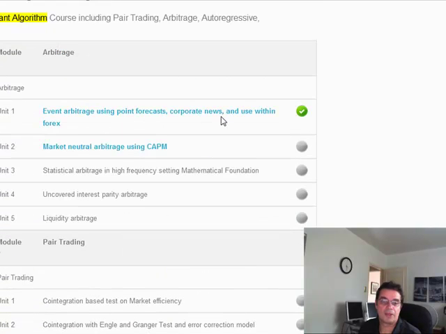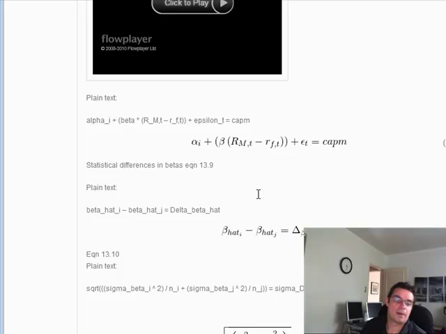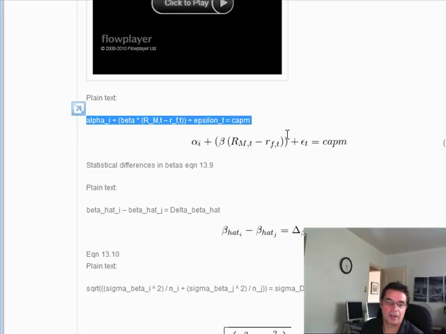Now, as I showed you in this calculation, there is the plain text version, and there's a reason for that. This has been designed purposely for this.